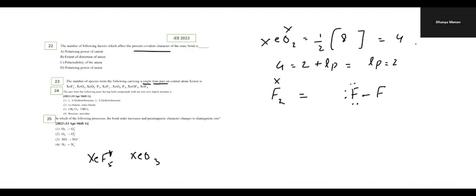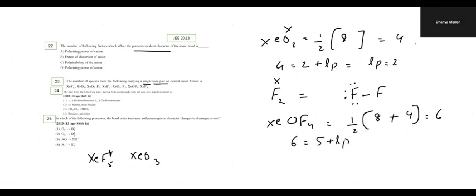Then XeOF4. Here half of 8 plus, there's 4 monovalent atoms, no positive or negative charge. 12 by 2 is 6. So 6 is equal to 4 plus 1, 5, plus lone pair. So lone pair is equal to 1, 5 surrounding atoms. So XeOF4 is one of our answers.